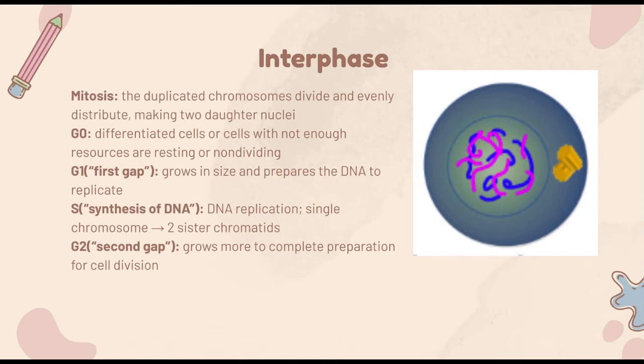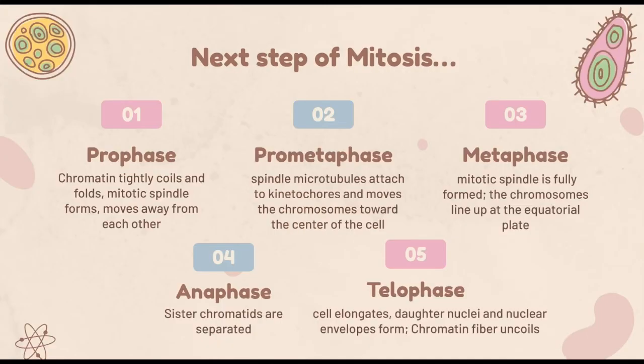These are also known as PMAT, and prometaphase isn't always considered a step and can sometimes be included as just prophase. In prophase, chromatids tightly coil and fold. Mitotic spindle fibers form and move away from each other.